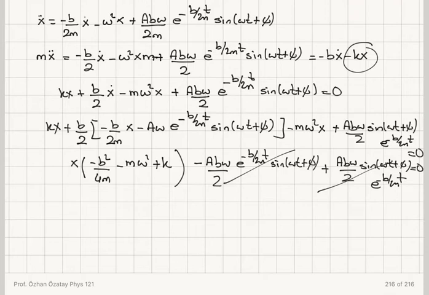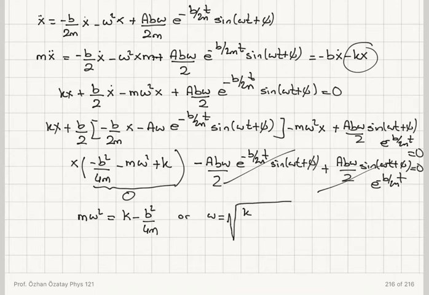So when is this a solution of this equation? If you have what is in the parentheses equal to 0. So you have m omega squared must be equal to k minus b squared over 4m, or omega must be equal to square root of k over m minus b over 2m squared.